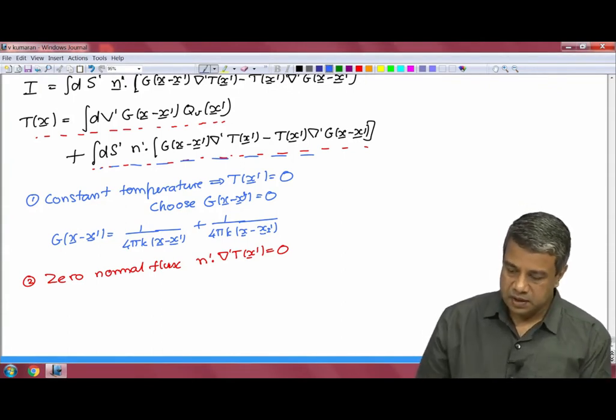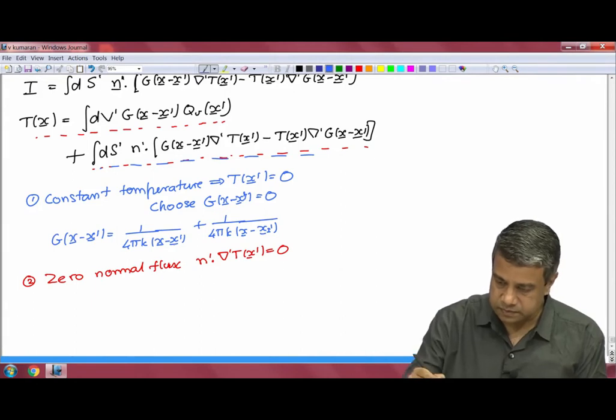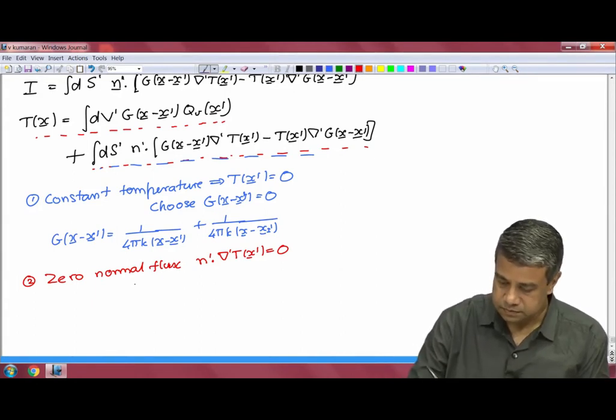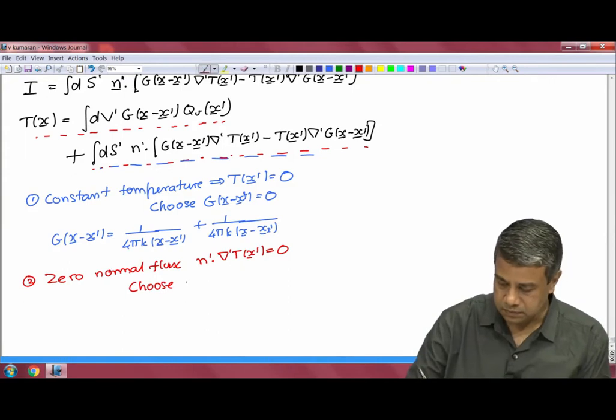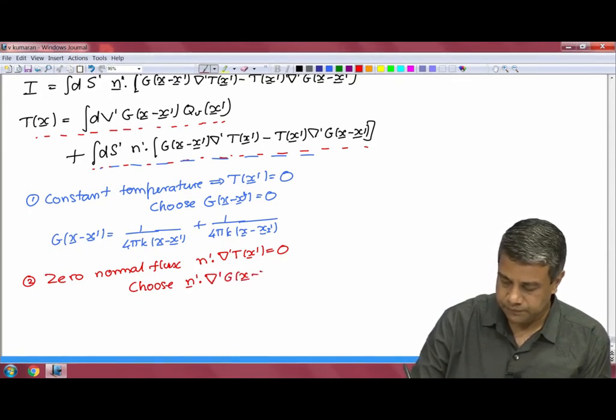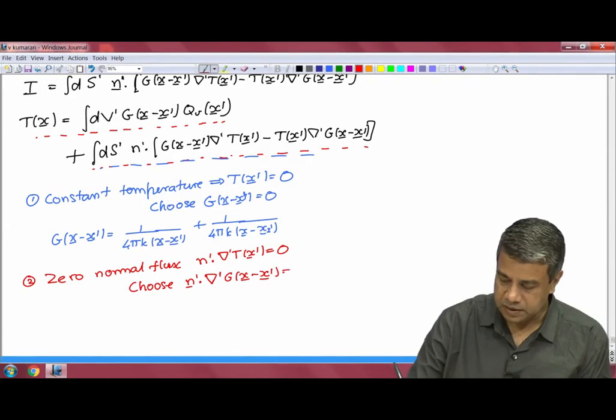Therefore, you can choose n dot... this is equal to 0.